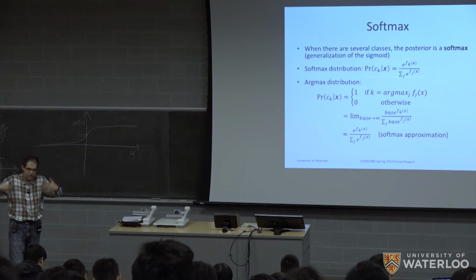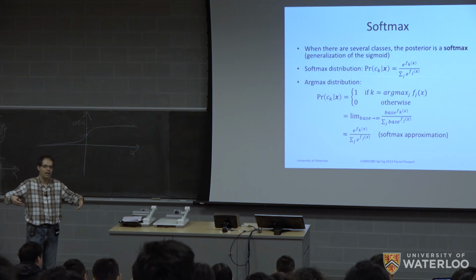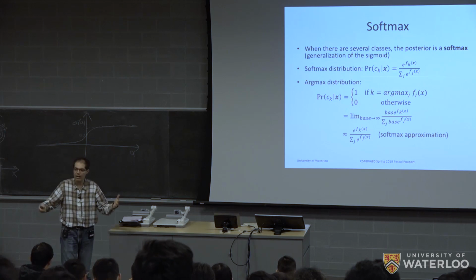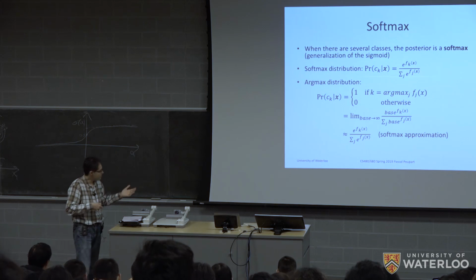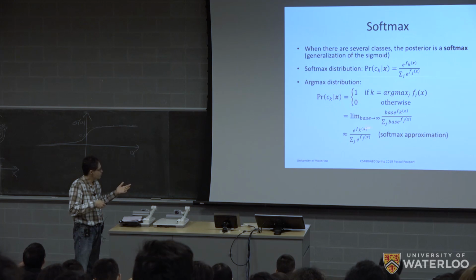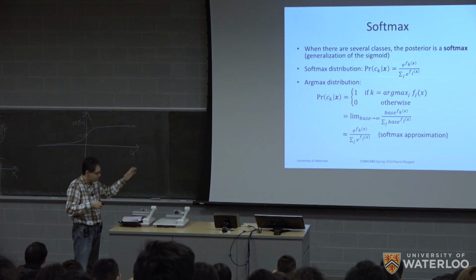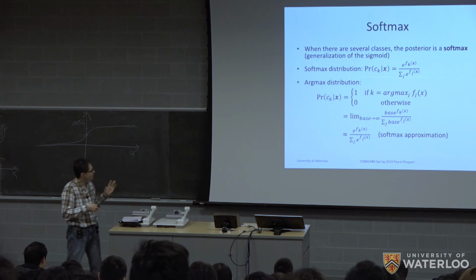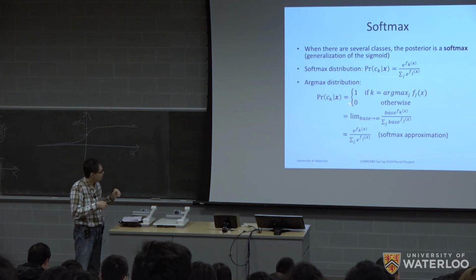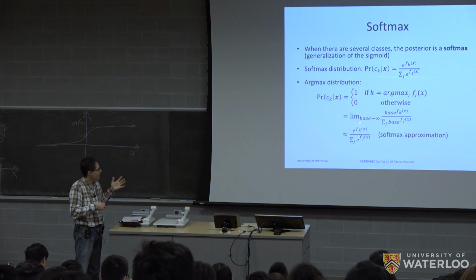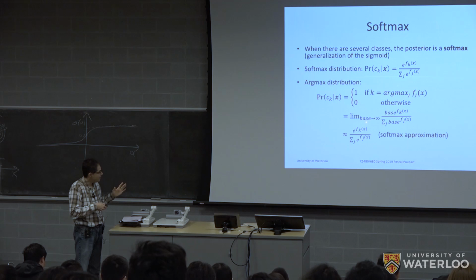But what if I want to soften this? What if I still want to have a non-zero probability for everything? This is where the softmax distribution comes into play, but we can see that it's really an approximation, in part because I can rewrite my argmax distribution as follows, where this is the same as taking the limit of some base that I push to infinity, where now I'm going to take the base and put the function for each class as an exponent.